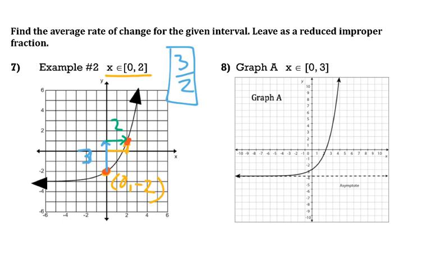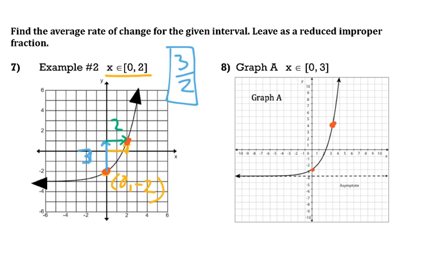Okay, number 8. So on graph A, we're going from where x is 0 to where x is 3. So 0 is on the y-axis, so I'm going to find the point on the y-axis, this point here, and then we're 3. So I go over to 3 and go up till I am on the graph of this function. So up here.